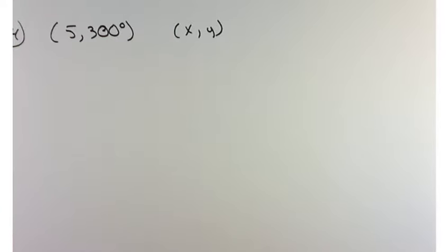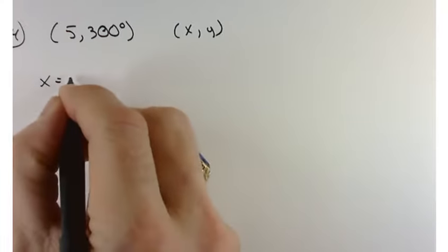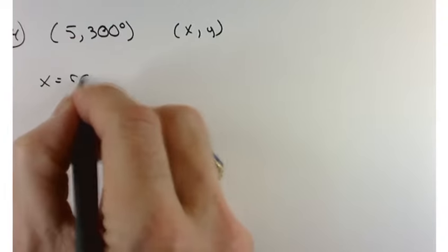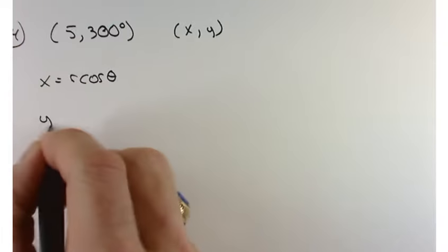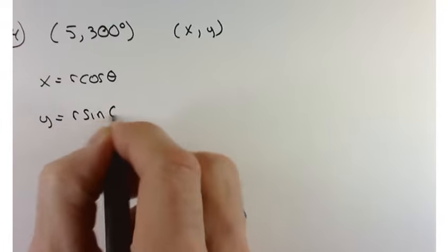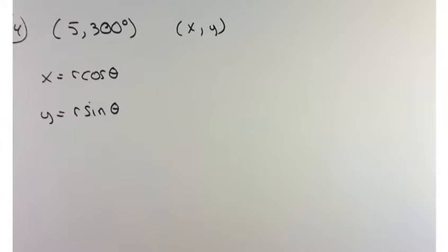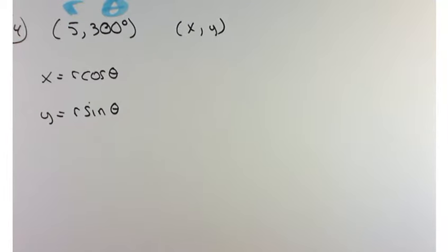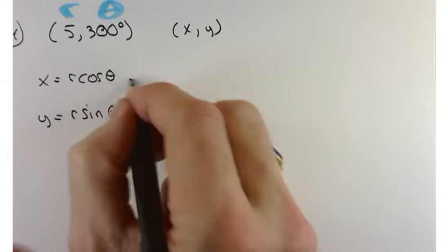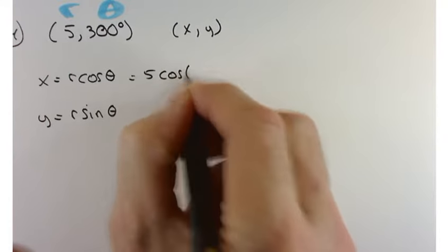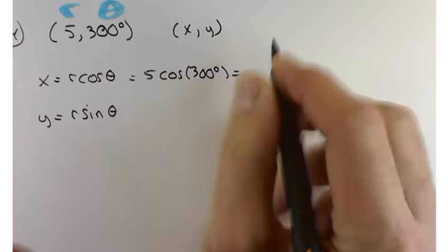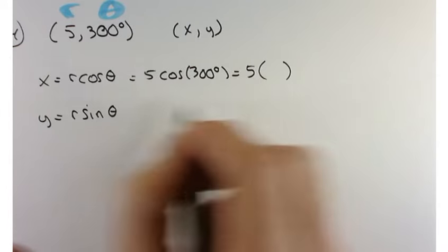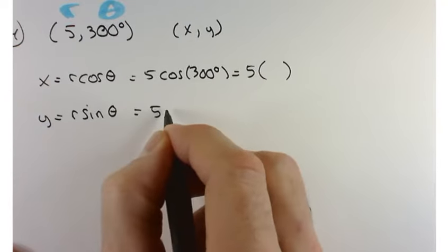You could set up some right triangle trigonometry. But I think the easiest way to do it is this. x equals r cosine theta and y equals r sine theta. And we've got everything we need. Here's your r. Here's your theta. So, okay. 5 times the cosine of 300 degrees. Does anyone remember the cosine of 300 degrees?